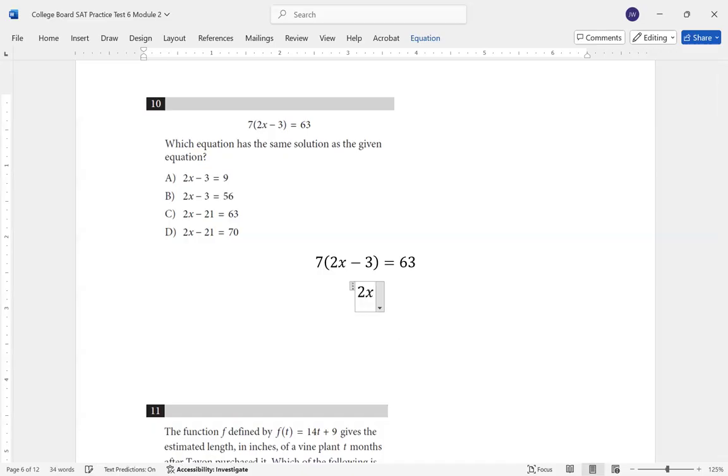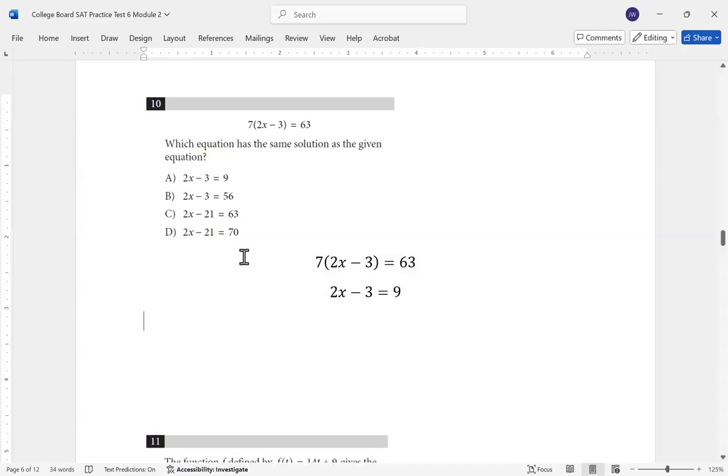That'll just give me 2x minus 3 on the left-hand side. When I divide the right-hand side by 7, I end up with 9. And therefore, 2x minus 3 equals 9 is an equivalent equation to the one that I'm given. And that's exactly what I'm looking for. I'm looking for 2x. That is option A. So the answer to question 10 is A.